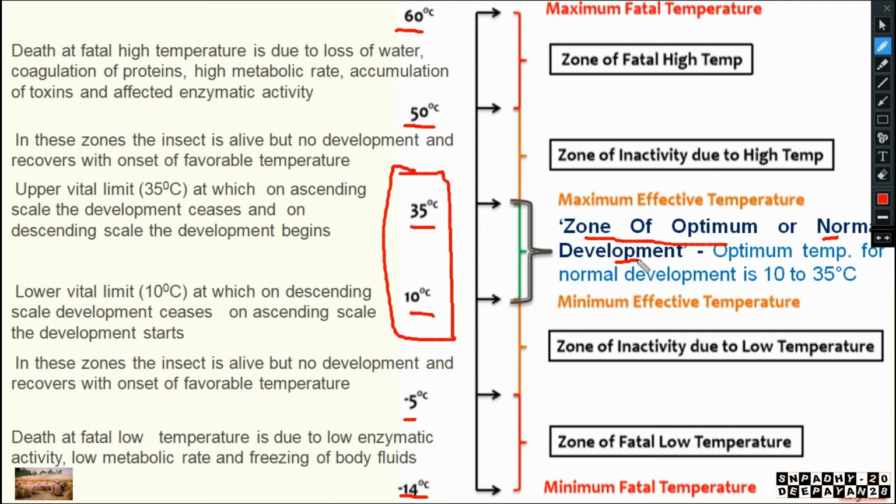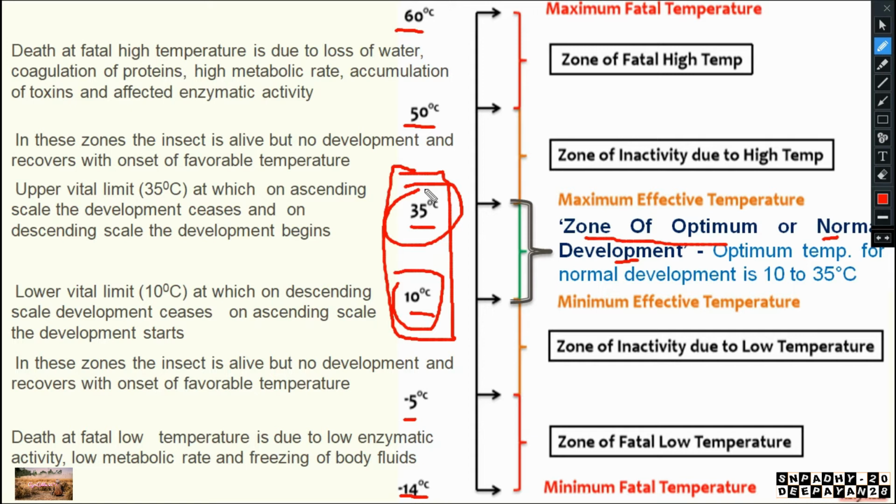The temperature range is 10 degrees centigrade to 35 degrees centigrade. The zone present between these temperature limits is known as the zone of optimum or zone of normal development. Got my point?